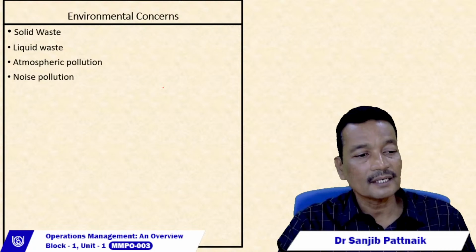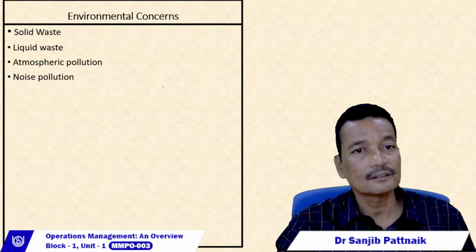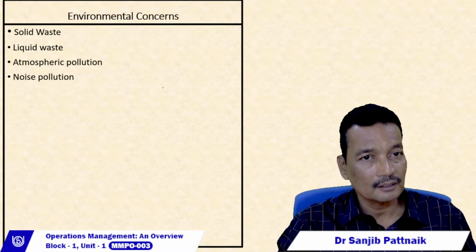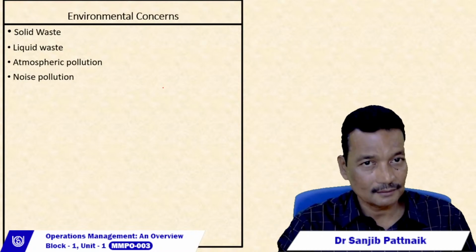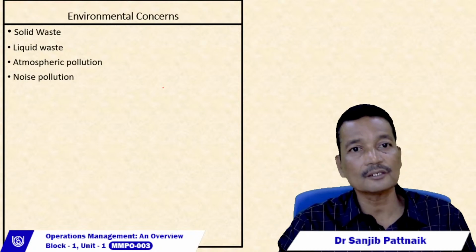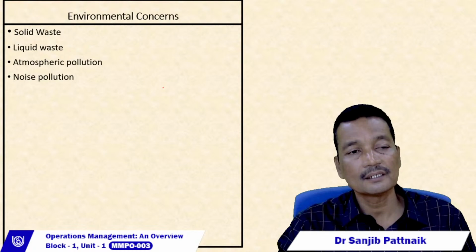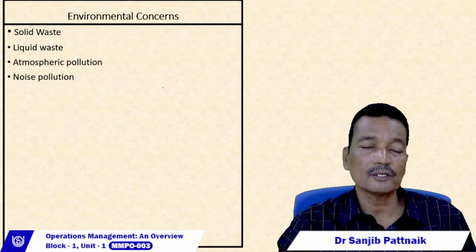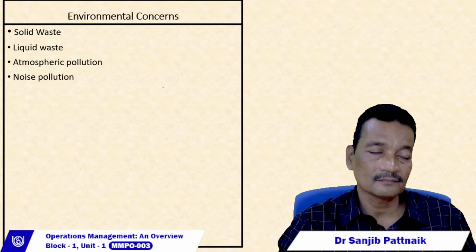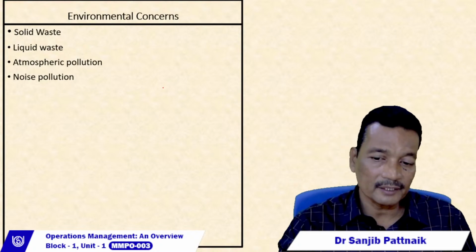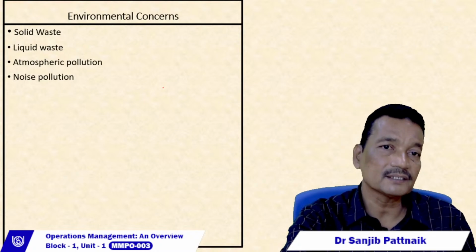Apart from that, environment is a big factor. We should not damage it, and it is a major concern for every organization, which can be segregated into solid, liquid, atmospheric, and noise pollution. Many laws are coming up to take care of these things.